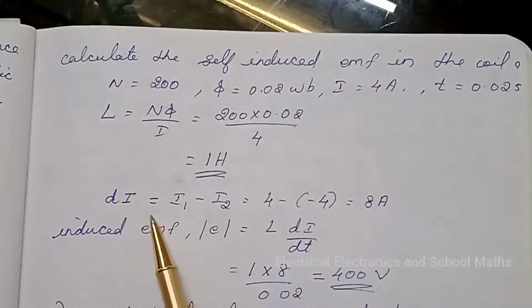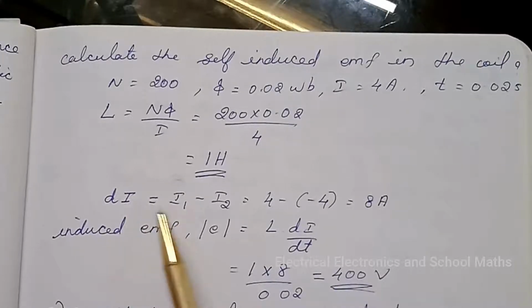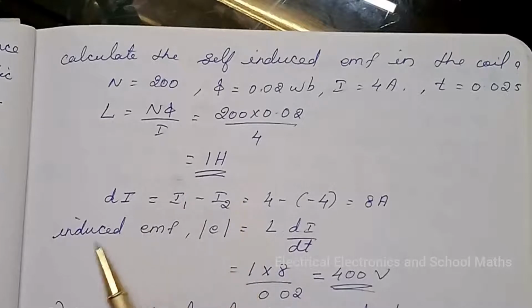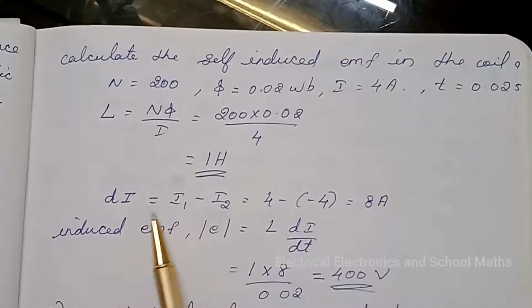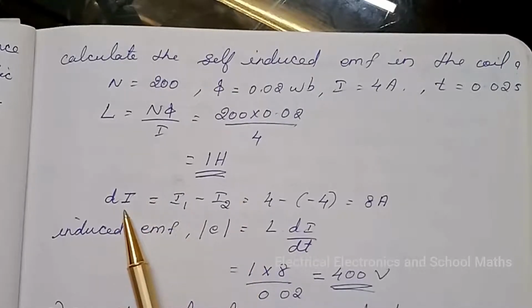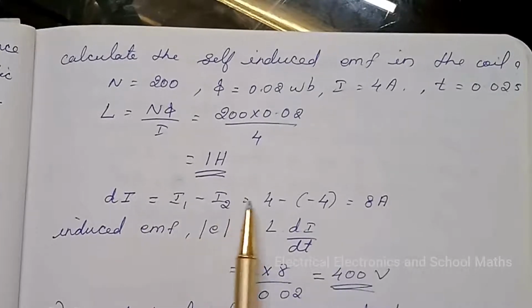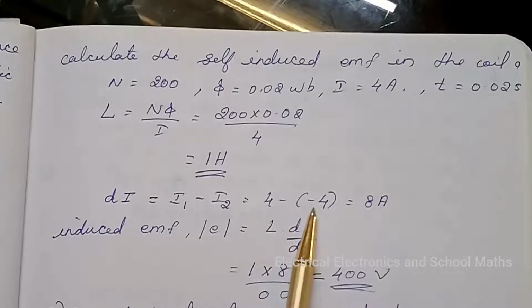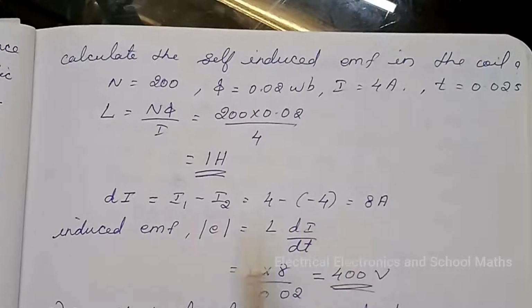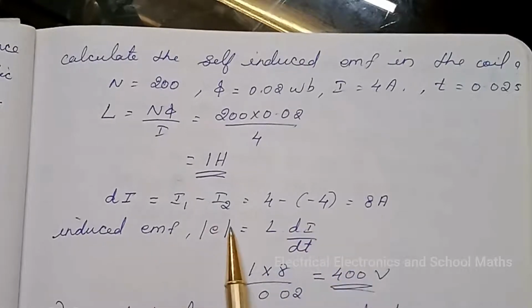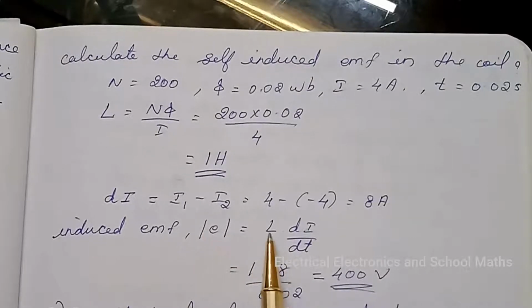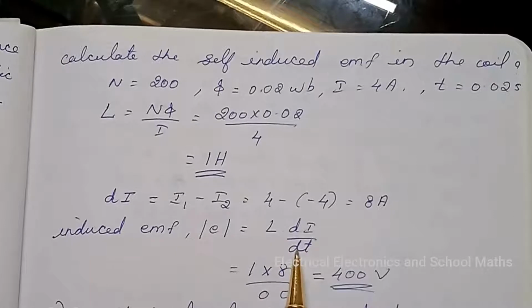And in the second question, the current is reversed in 0.02 second. So first find the change in current, that is dI equal to I1 minus I2, that is 4 minus minus 4 equal to 8 ampere, and the magnitude of induced EMF is equal to L into dI by dt.